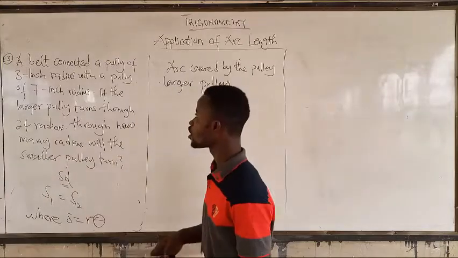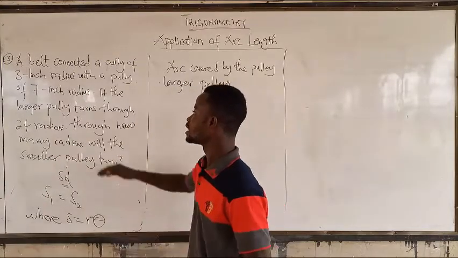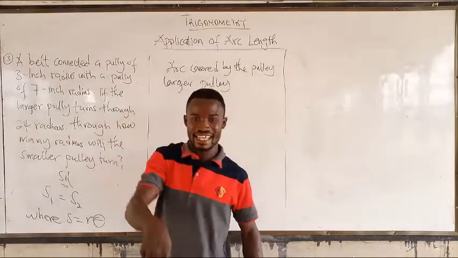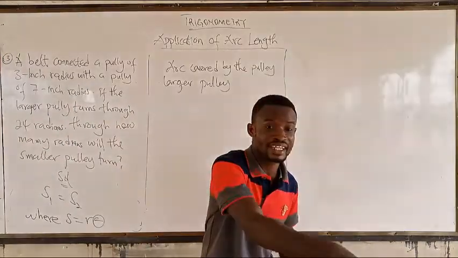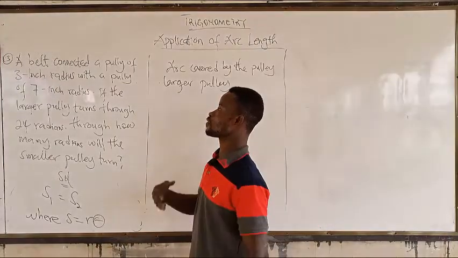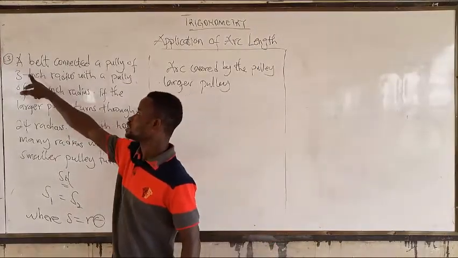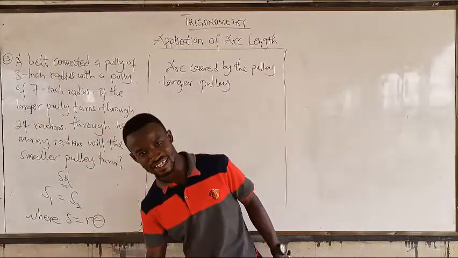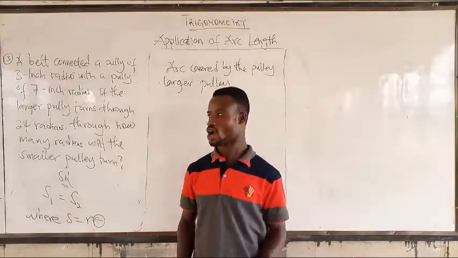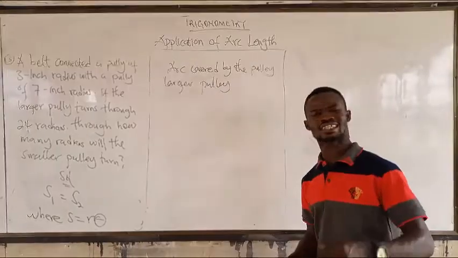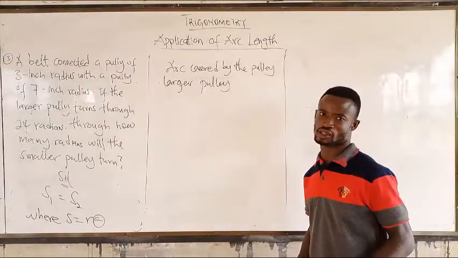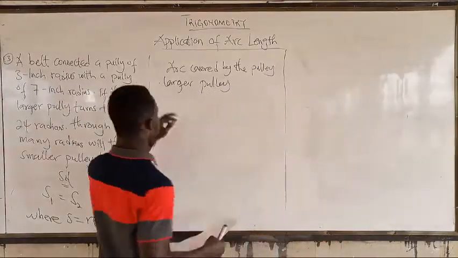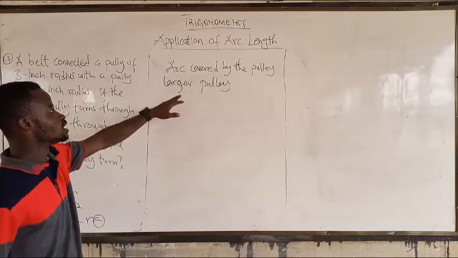So for the larger pulley, the radius and the angle in radians are known. For the smaller pulley, the radius is known, but its angle is unknown. That doesn't mean you can use ratio and proportion. In fact, you get it wrong.